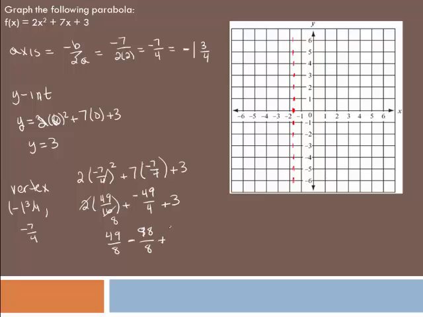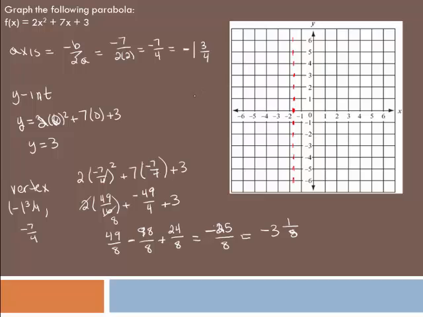And then I need to turn this 3 into eighths, so I'm going to multiply it by 8. So I've got 49 minus 98 plus 24. That is going to give me negative 25 eighths, which for the purpose of graphing is negative 3 and 1/8. So just about negative 3.